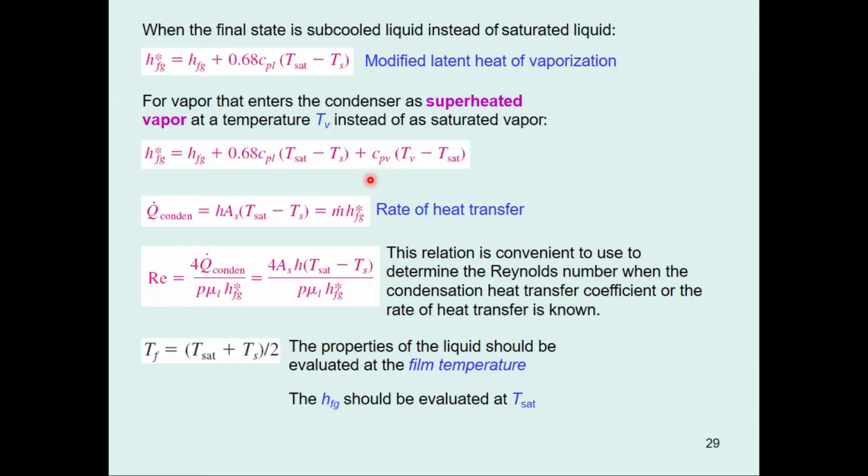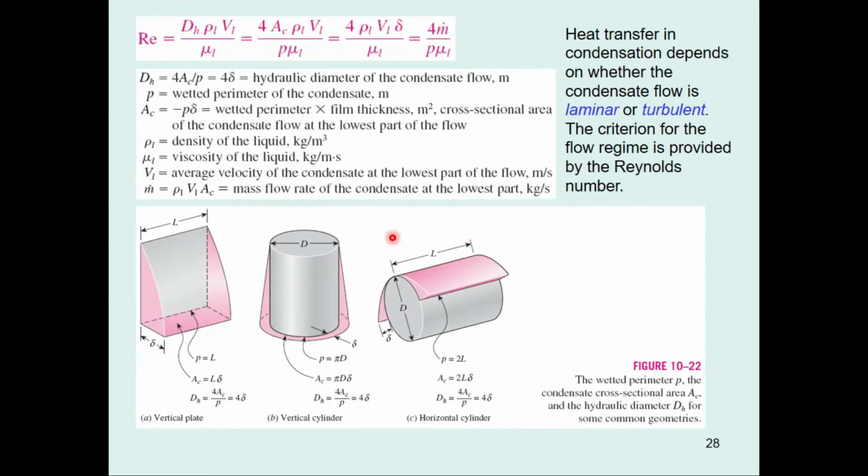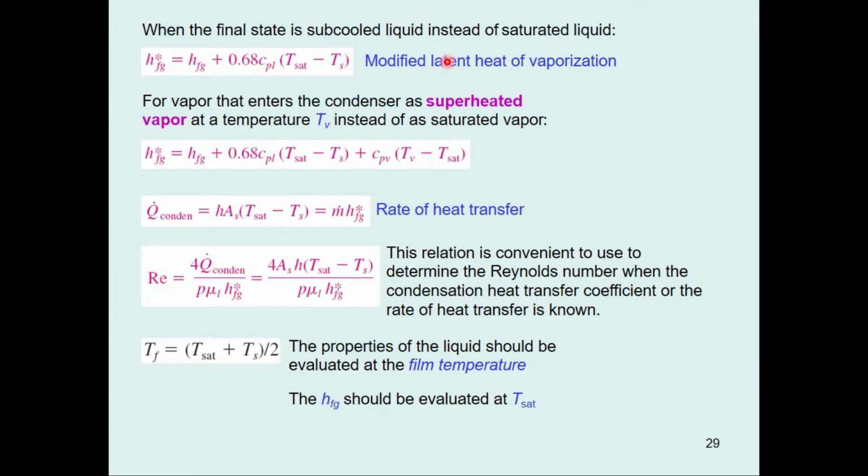If we take the value of m dot from this expression and put it in this expression, we get this modified form of the Reynolds number, in which we have the condensation heat transfer coefficient, or the rate of heat transfer.